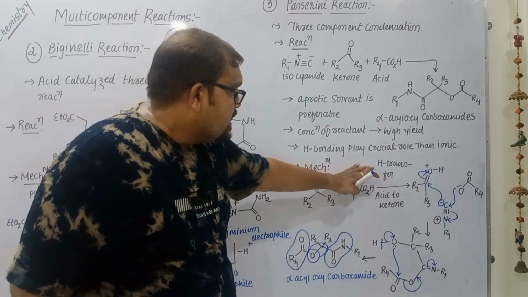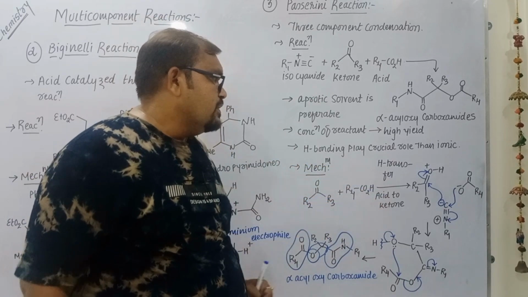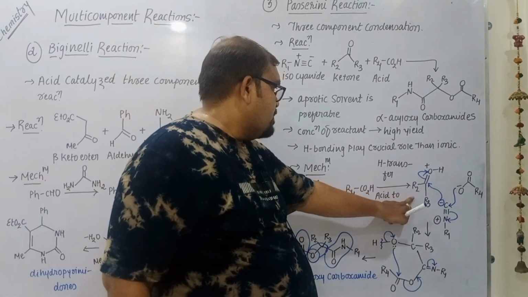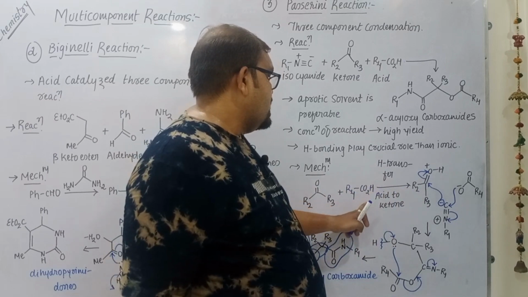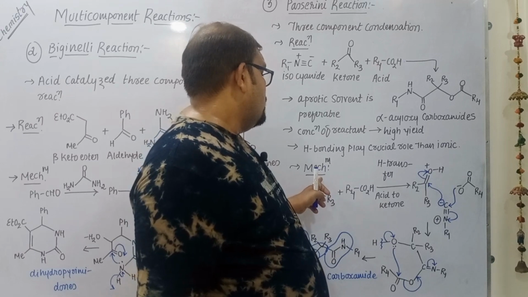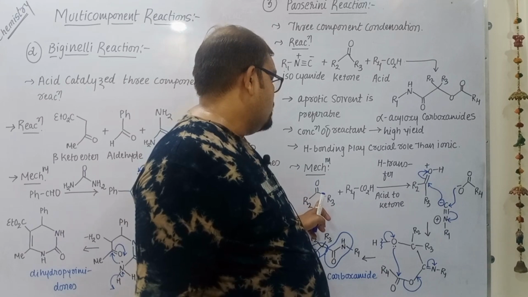We can see that H transfer will take place from acid to ketone. So we will get such type of compound, right? Here simply the hydrogen of the acid is attached to the lone pair of oxygen of the carbonyl compound.